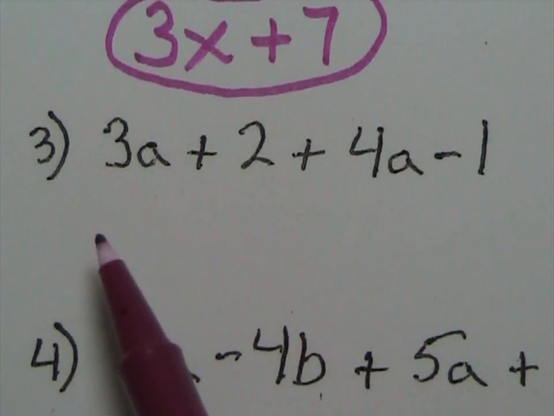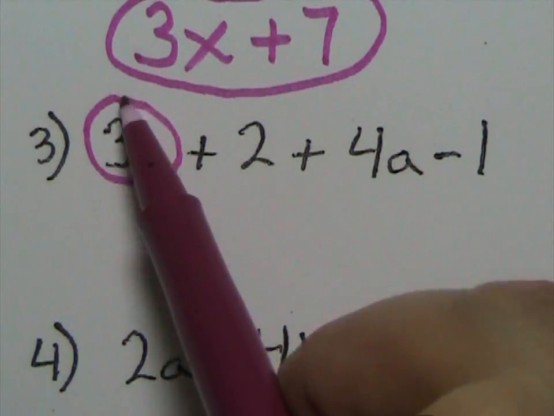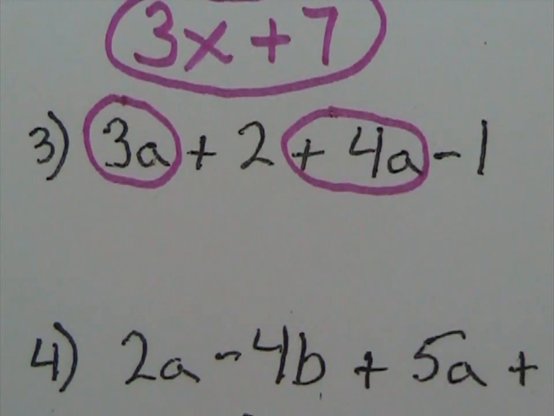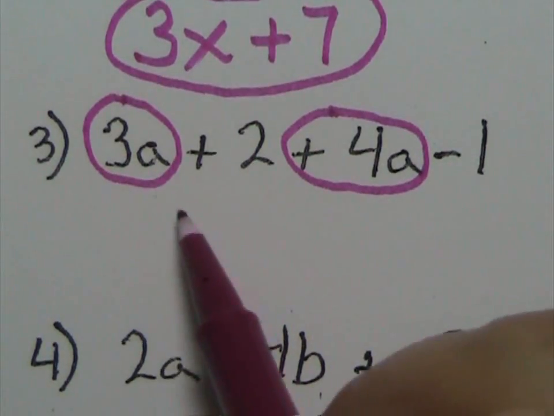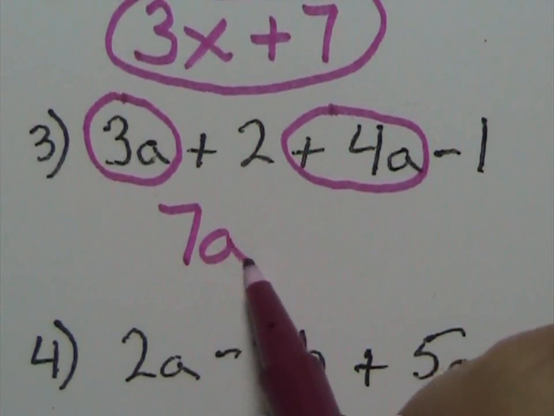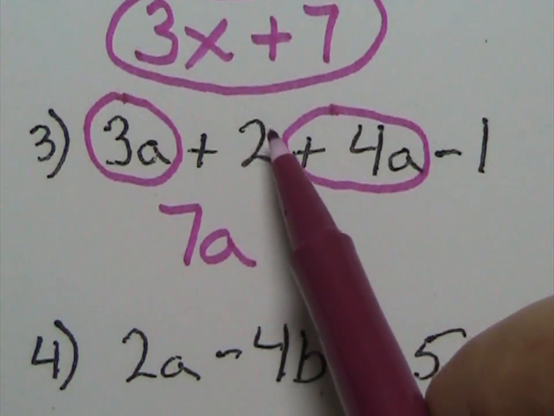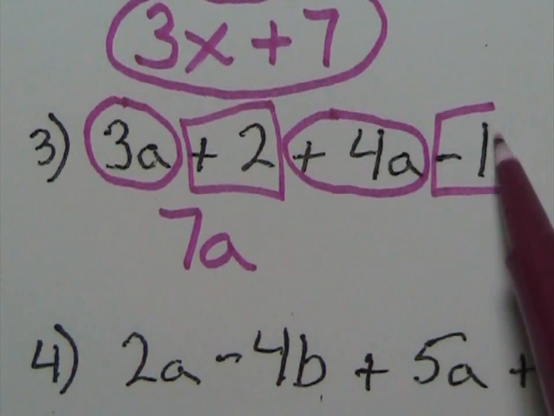Okay, on number 3, notice we have two like terms. I have a 3a and a 4a, positive 4a. 3 plus 4 would make 7a. And then I have a plus 2 and a minus 1.